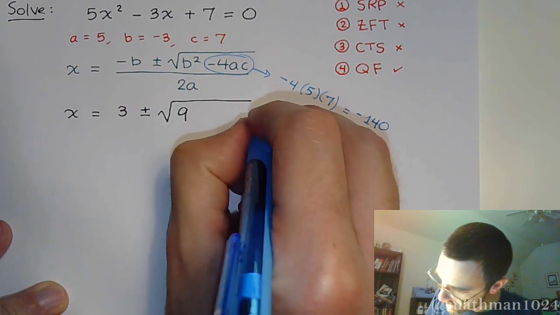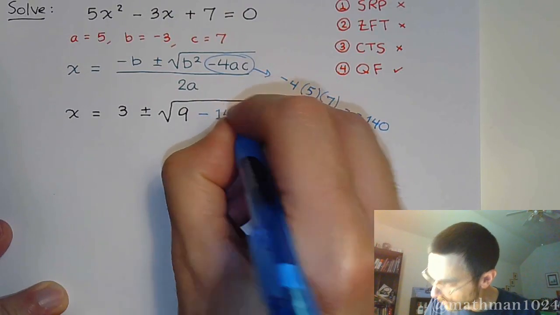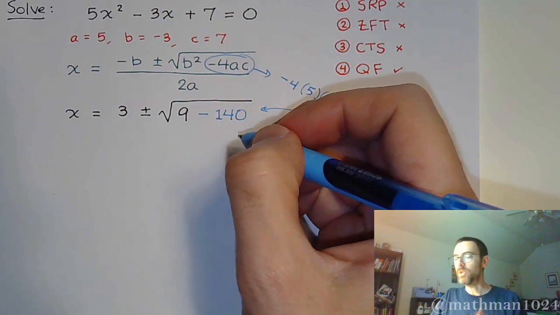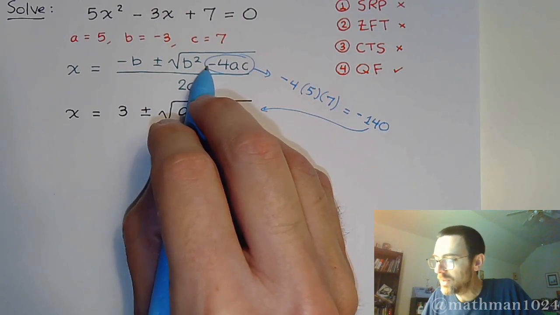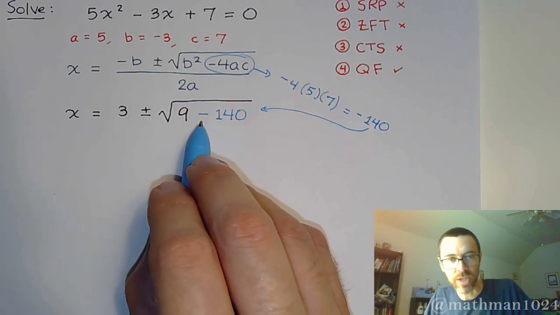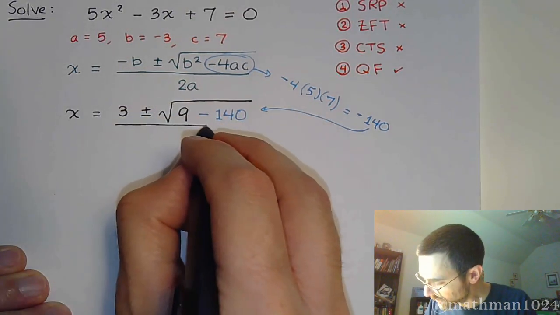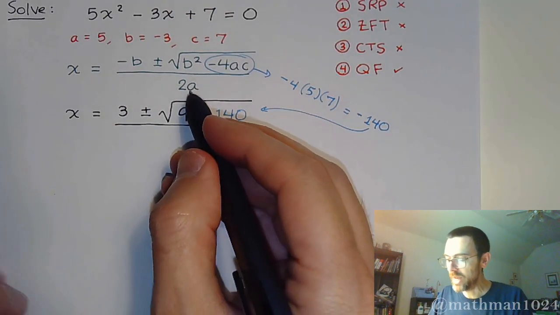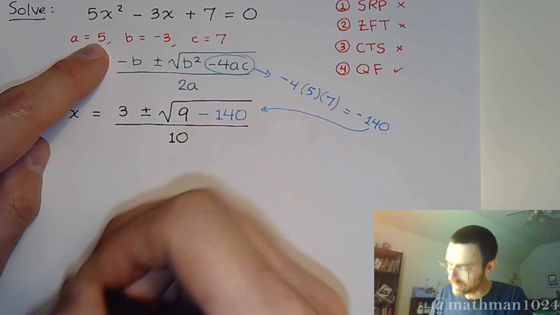And this little guy goes in here, so minus 140. Please pay attention that I'm including the negative, that subtraction, in the product over here. Then I just copy the number over. And this is all divided by 2a, so a is 5, and 2 times 5 is 10.